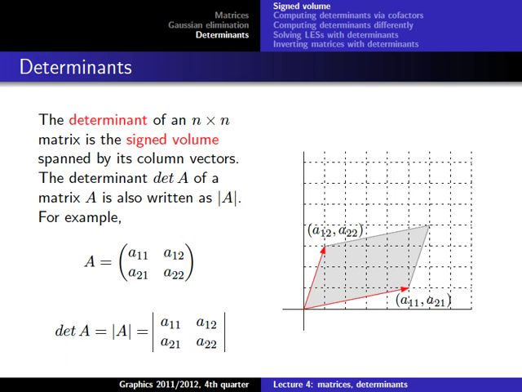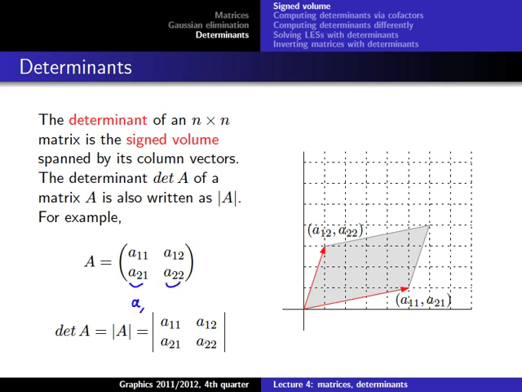Determinants are defined for square matrices, and the determinant of an n cross n matrix is defined as the signed volume spanned by the column vectors. That is pretty straightforward if we look at it in 2D. In 2D, we have a 2 cross 2 matrix, so we can interpret the matrix values as column vectors.